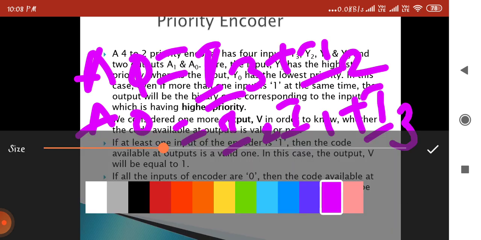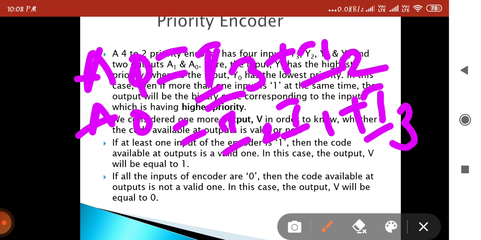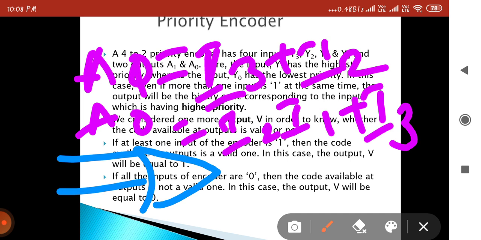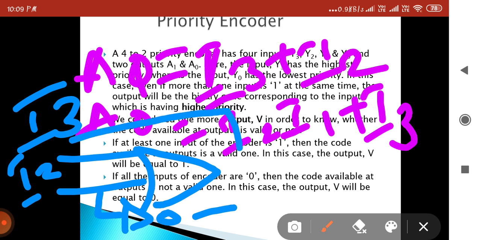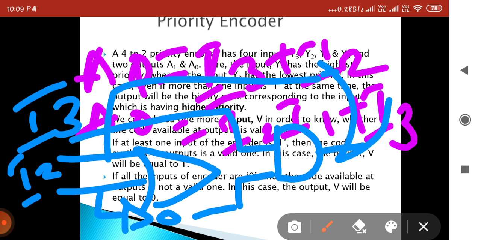Yes, for this we can write I3 plus I2 as an OR gate. I3, I2. Here I2 not, I1, AND gate, plus I3 can take an OR gate.